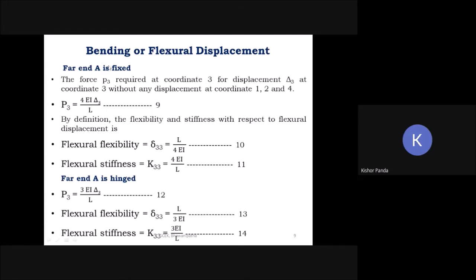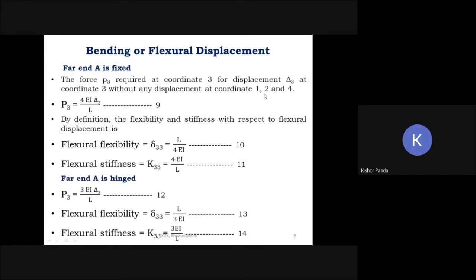The force P3 required at coordinate 3 for displacement delta 3 at coordinate 3 without any displacement at coordinates 1, 2, and 4. Due to this force, the displacement delta 3 takes place at coordinate 3, but without any displacement at 1, 2, 4.